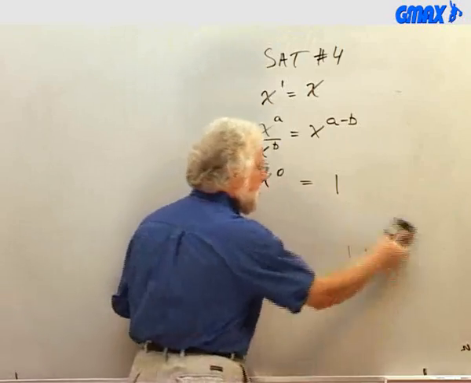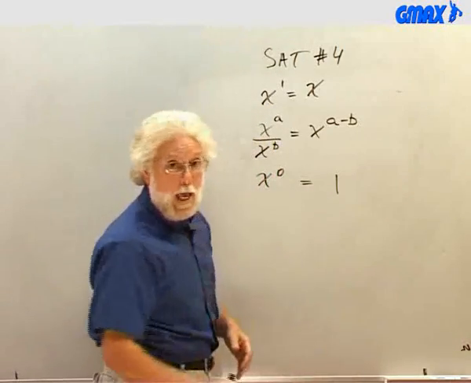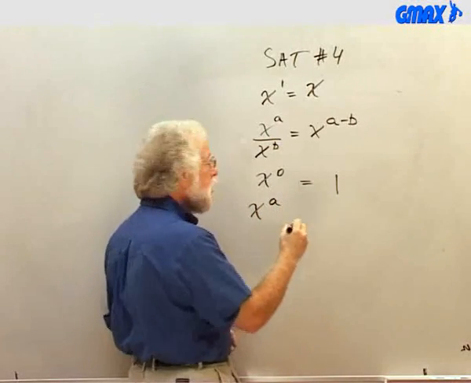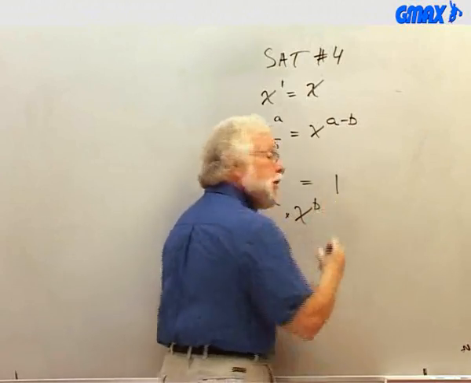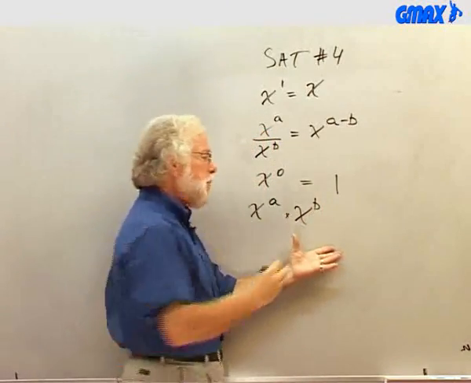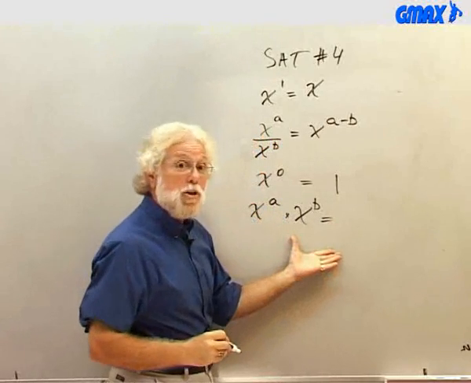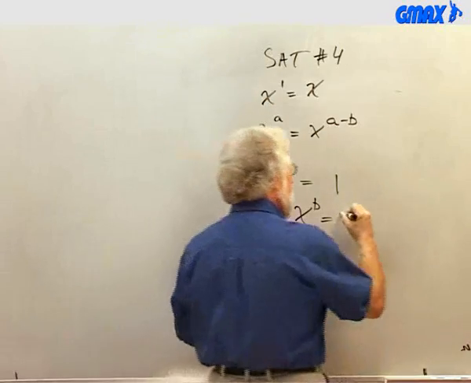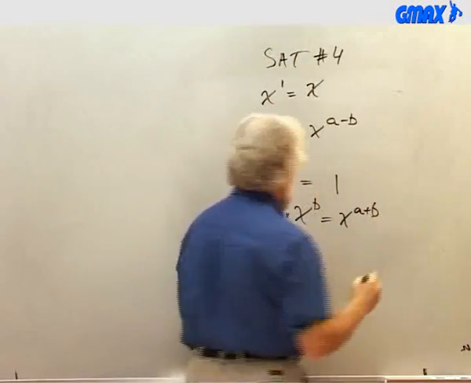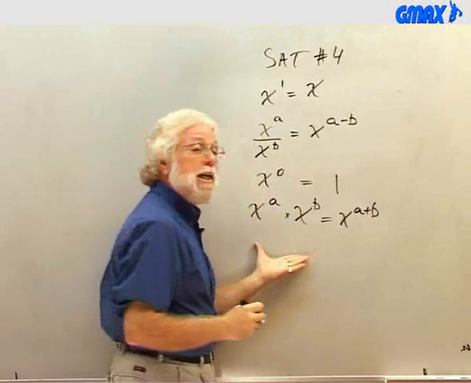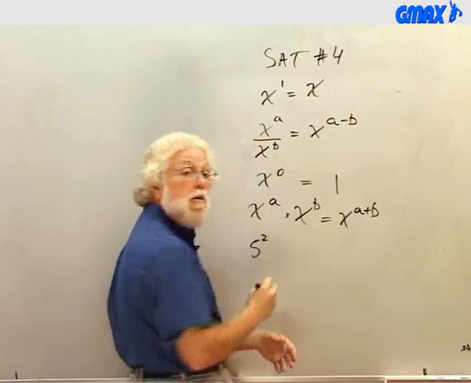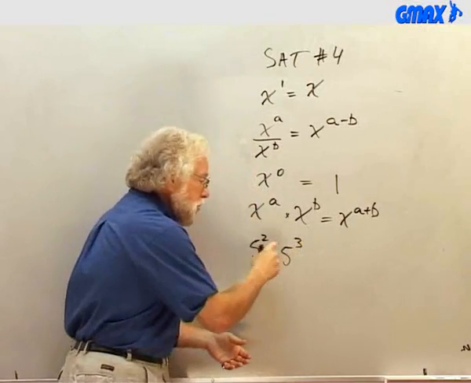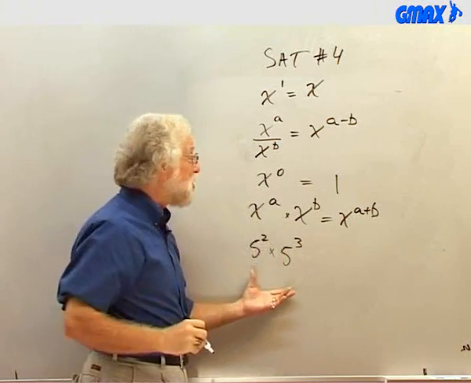Now, in the same way, what if we had x to the a times x to the b? What would that be? This you probably do remember. When the bases are the same, we add the exponents. Very easy to prove. Let's say we had 5 to the power 2 times 5 to the power 3. It only works for multiplication and division.